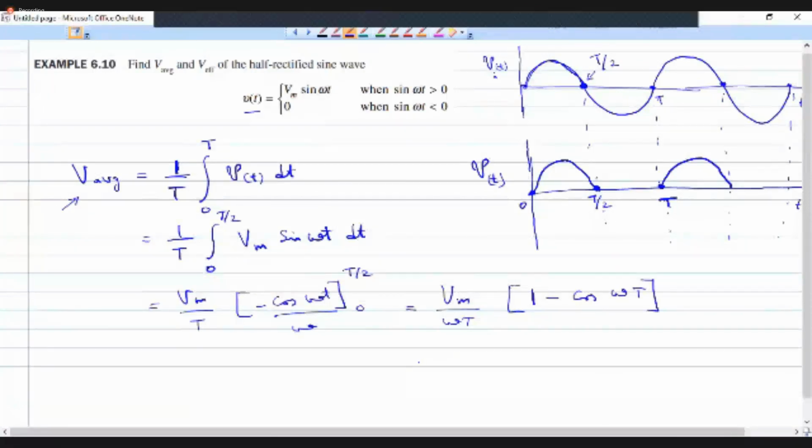Now again you can substitute what is T. So this T is equal to 2 pi by omega, right? So actually it's T by 2. Okay.